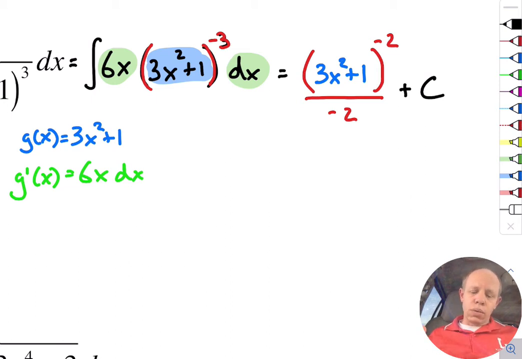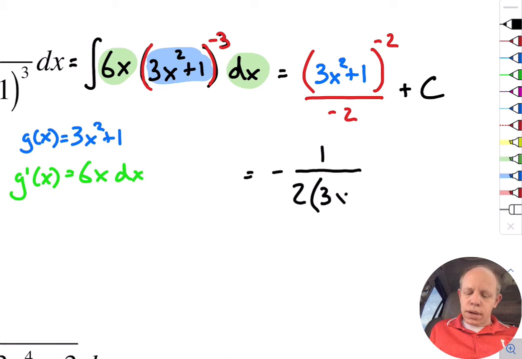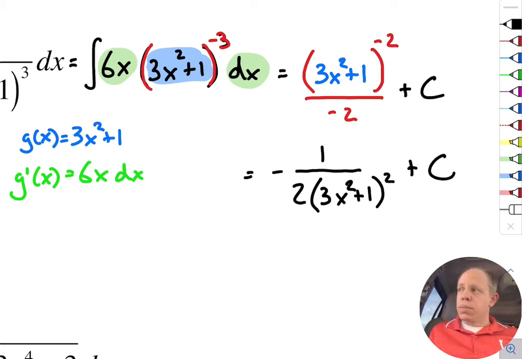Now we do want to rewrite this. We have a negative exponent, which is going to move into the denominator and become positive, and we also have a negative 2, so the overall answer is going to be negative. So all in all, I get negative 1 divided by 2 times the quantity 3x squared plus 1 raised to the second power, plus c.